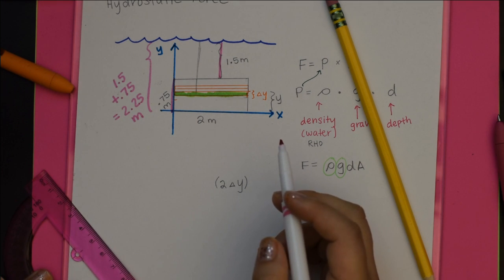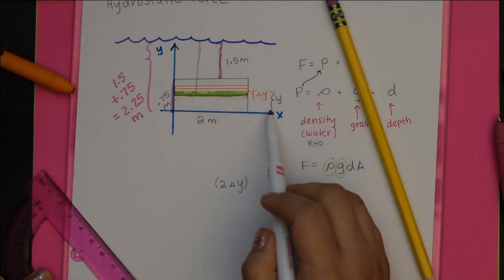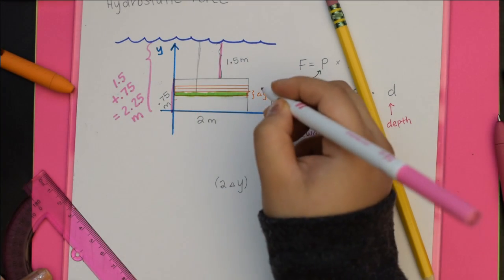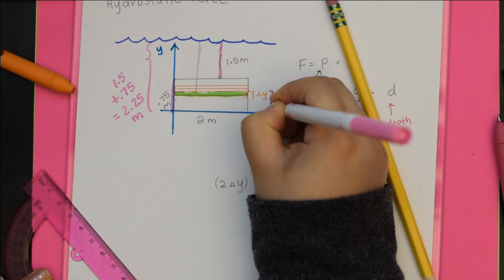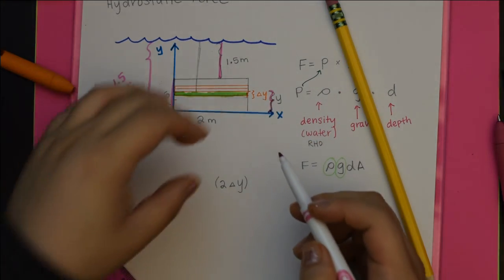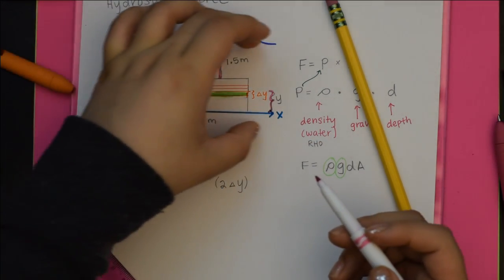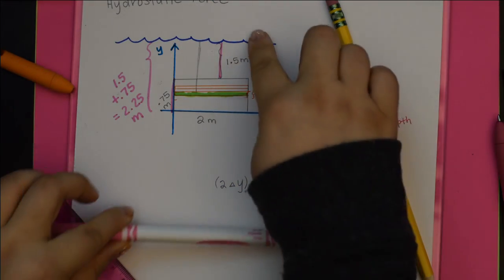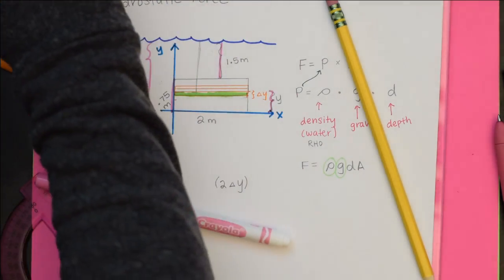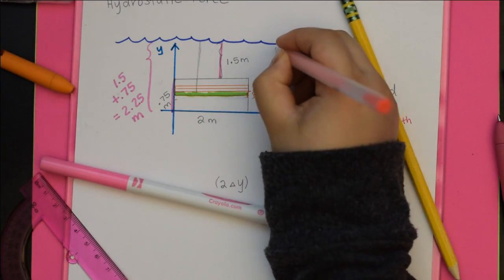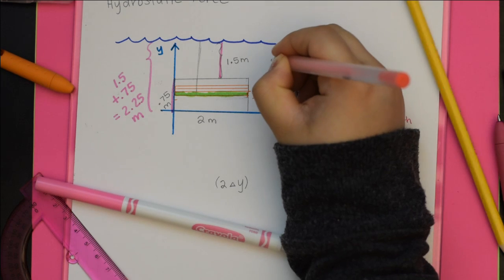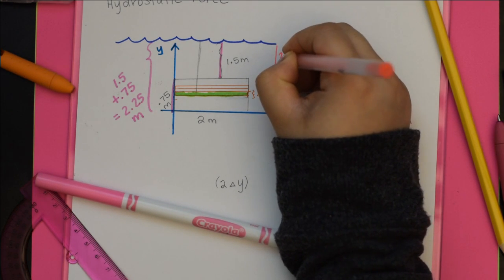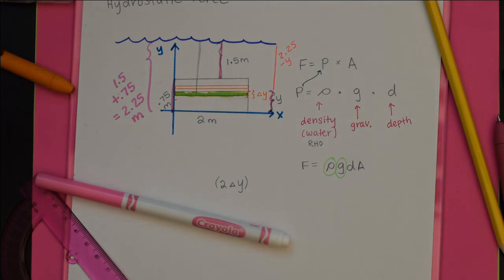And then, since this part is y, I know this is kind of hard to see now, but that part is y, and the whole thing is 2.25. So that means the top piece, which is the depth that we're looking for, that depth is 2.25 minus y. Does that make sense?